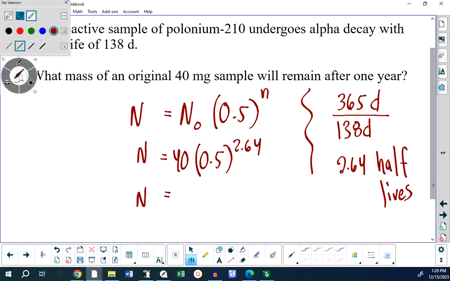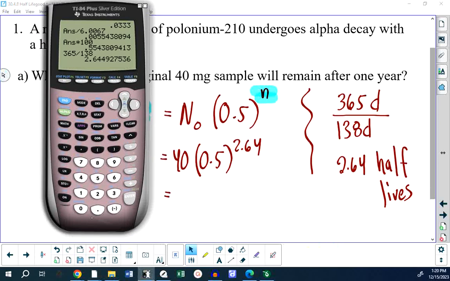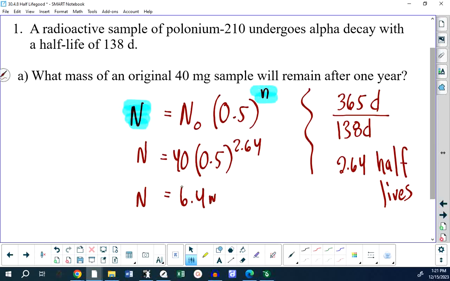I'll make a big deal of it here. These are your variables. The other stuff are parameters. They're numbers that just define the particular situation. So we run this through the calculator, that's all. 40 times 0.5 raised to my answer, about 6.4 milligrams.